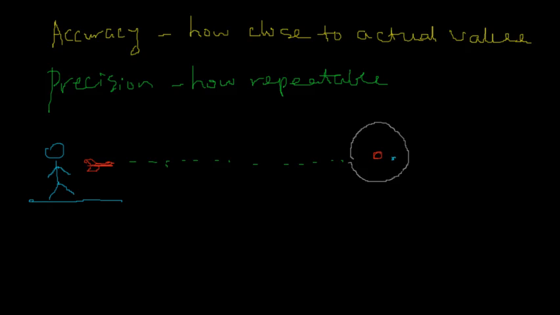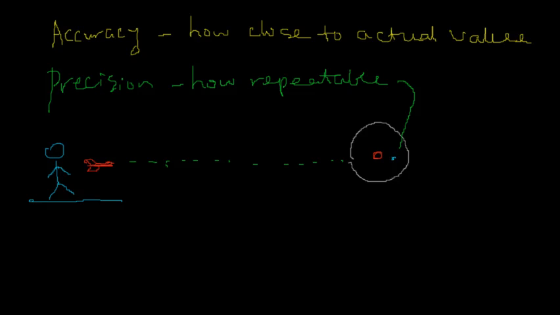So what we would say then is that his aim is very precise. Okay, so let me say that his aim is very precise because it's very repeatable. He always hits the same spots very, very closely.